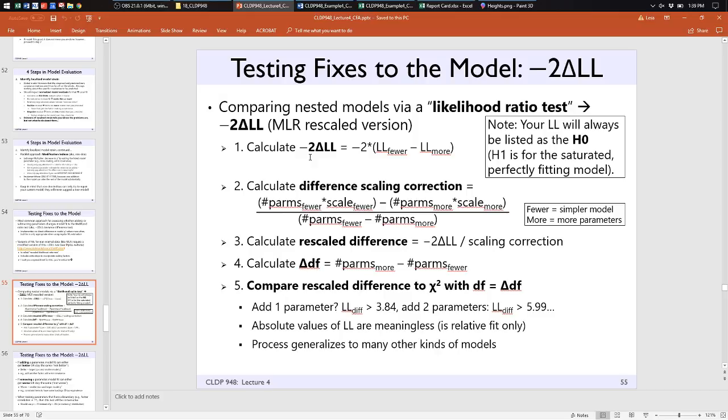That's where the 2 comes in. So you get used to seeing these numbers as an easy reference. If you've added one thing, a significantly better model by the chi-square would be 3.84 on alpha 0.05. If you've added two things, the cutoff value is 5.99, and so on.